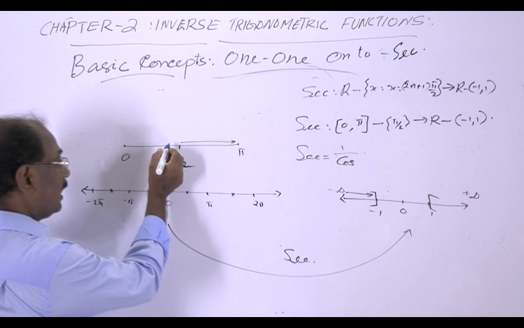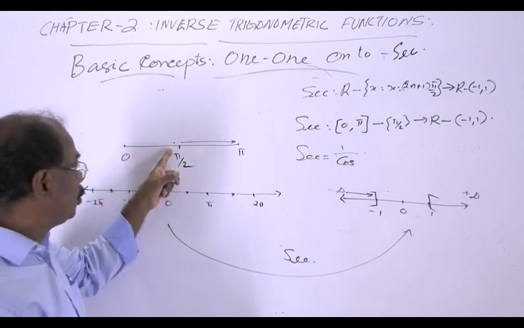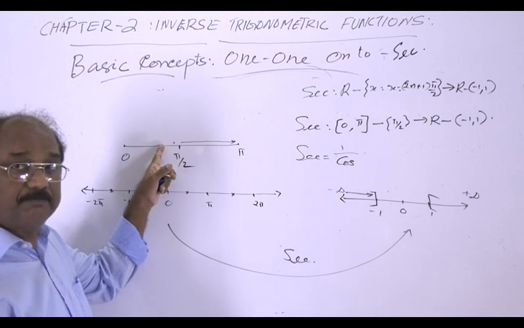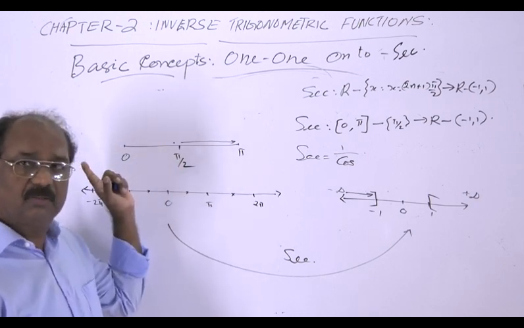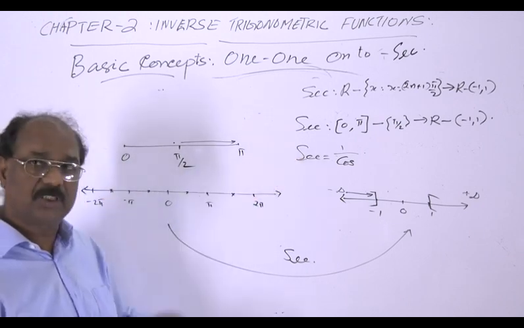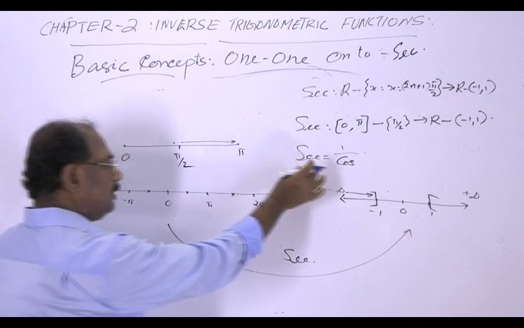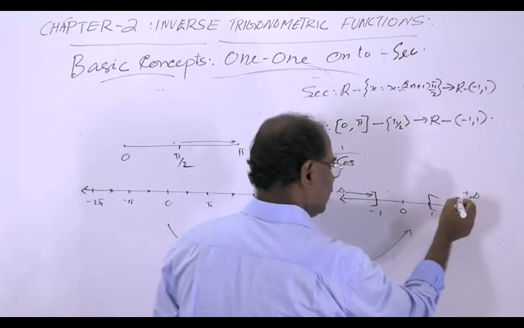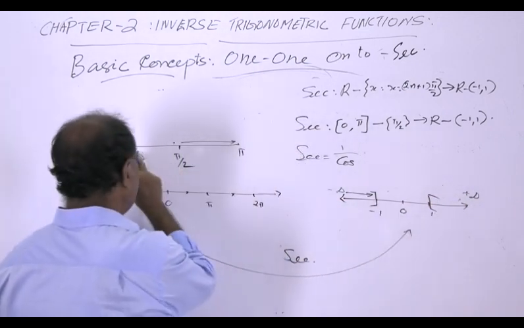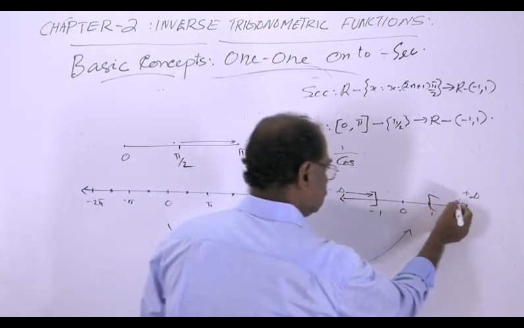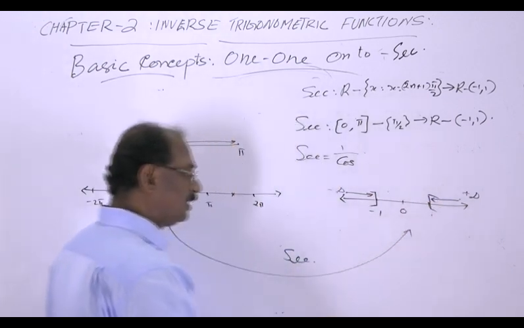Similarly, consider points near pi by 2 to the left. In the first quadrant cosine is positive, so secant is also positive, and close to pi by 2 it will be almost plus infinity. As we advance towards 0, it advances towards 1.